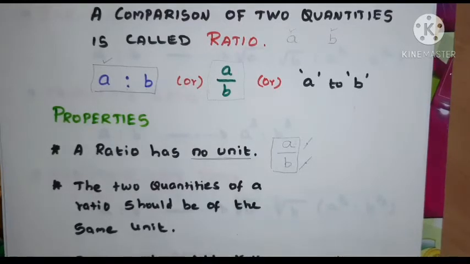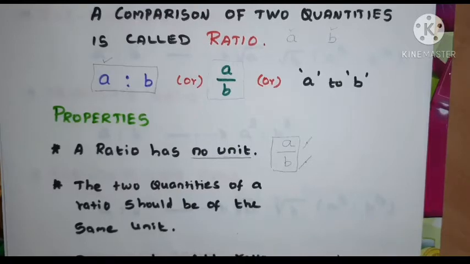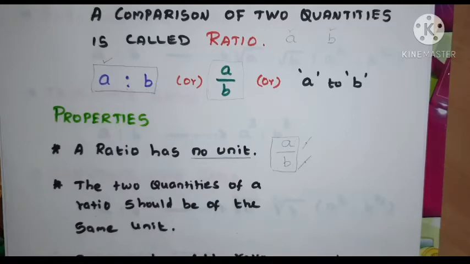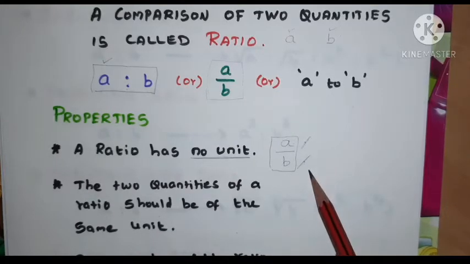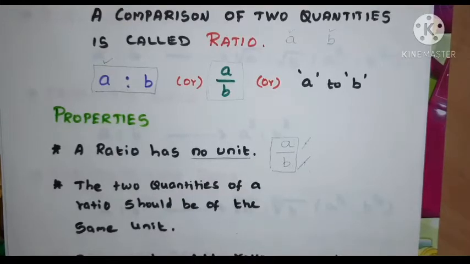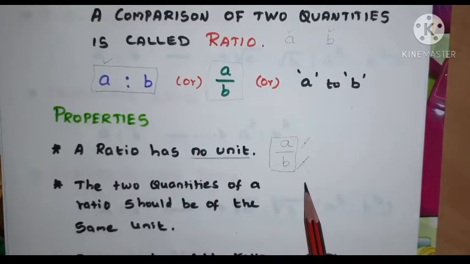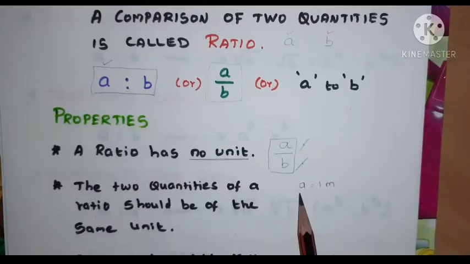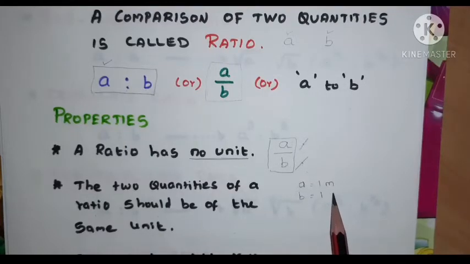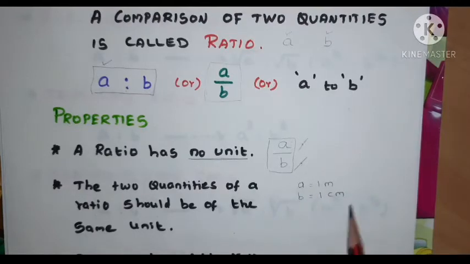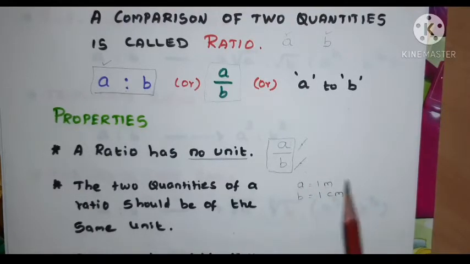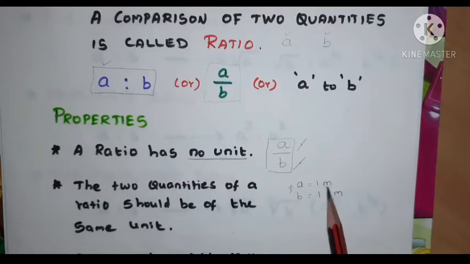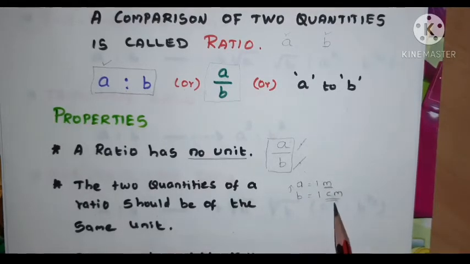Provided, look at the second property that is more linked to the first property: the two quantities of a ratio should be of the same unit. If it is the same unit, then only will they cancel each other, right? For example, if they are giving the distance of A as 1 meter and the distance of B as 1 centimeter, then we could not directly express the ratio between A and B here, because look at the unit, one unit is in meter, the other unit is in centimeter.